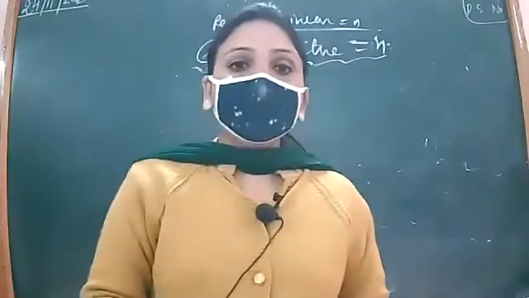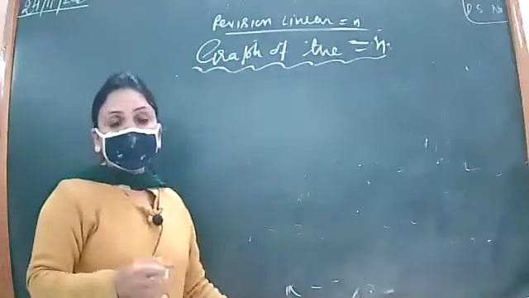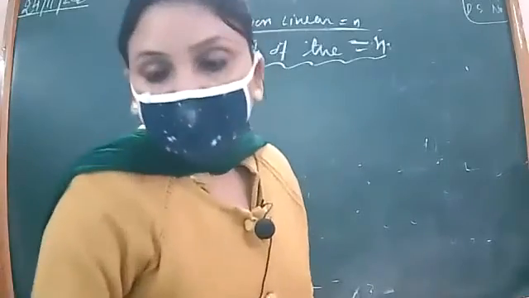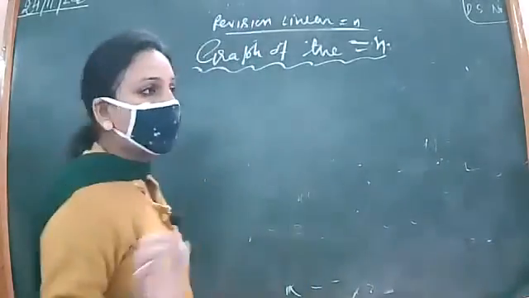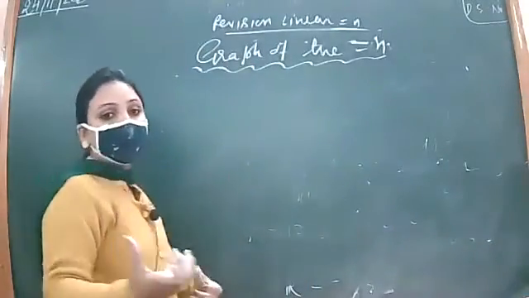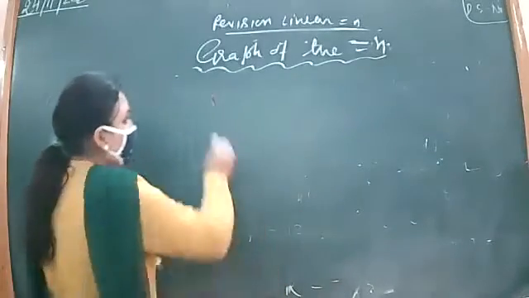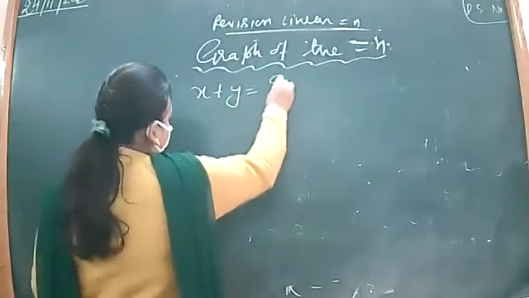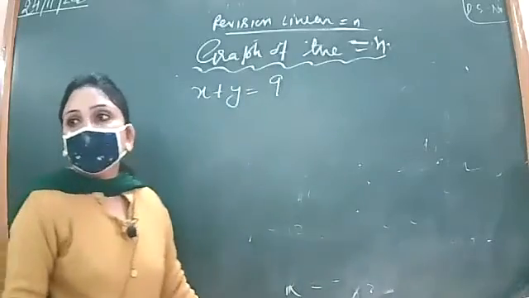In the same way, a linear equation in 2 variables has its graphical representation as well. Let us see what that graphical representation is and how to draw the graph. Suppose we have a linear equation, let us take a simple one, x plus y is equal to 9, and we have to draw the graph.